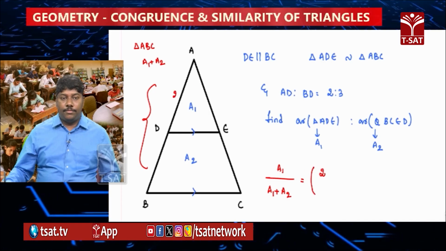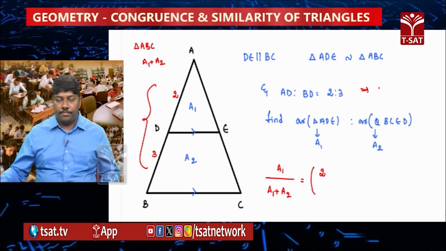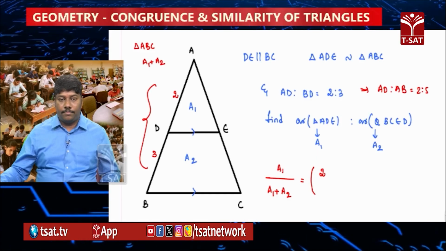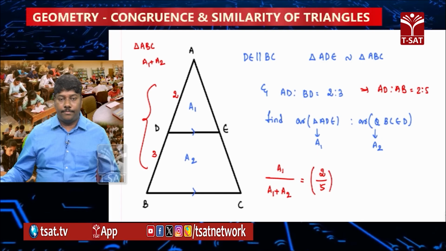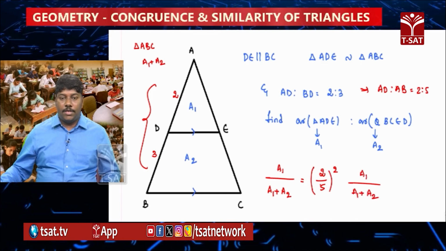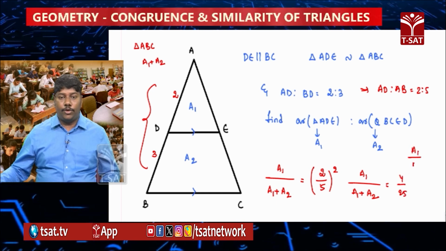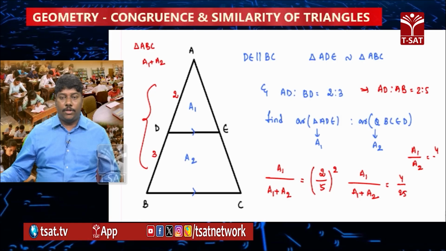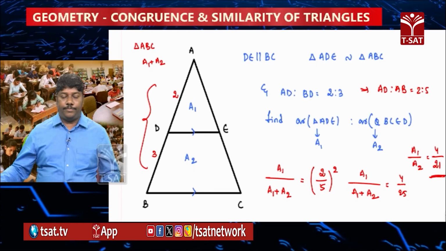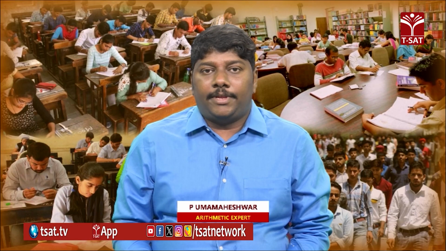If this is 2 and this is 3, AD to AB becomes 2 is to 5. So this is 2 by 5 whole square. Now area 1 by area 1 plus area 2 is equal to 4 by 25. But I am looking for area 1 by area 2. So this is 4 parts. Out of 25 parts you take out 4 parts. It becomes 21.